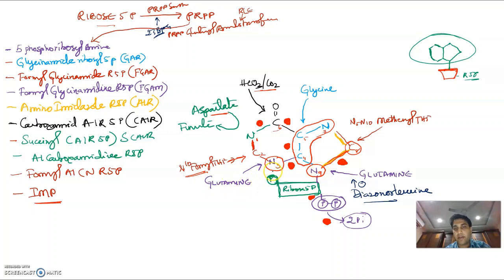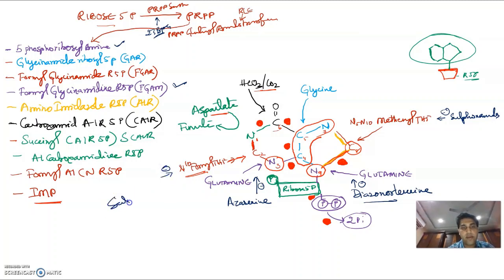Here on this glutamine or N3, we have another inhibitor called azaserine, which will inhibit this reaction and prevent formation of formyl glycinamidine ribosyl 5-phosphate. Then wherever we have folic acid, it is inhibited by sulfonamides.